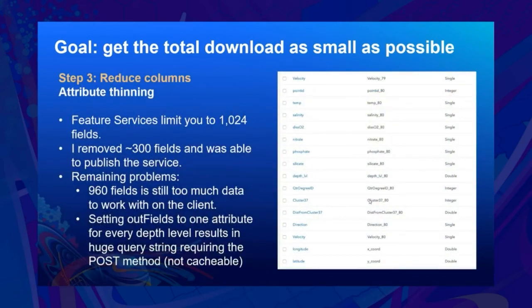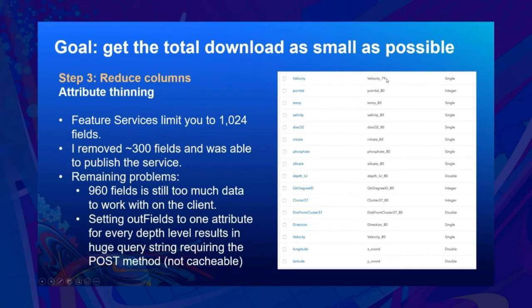Now we need to reduce the number of columns, thinning those attributes out. For hosted feature services, you can only have around 1,000 fields. The size of the data in each field also contributes to whether you can actually have up to 1,024, or it might be smaller. Christian processed this down to reduce it by about 300 fields, by deciding which variables he wanted to pick.